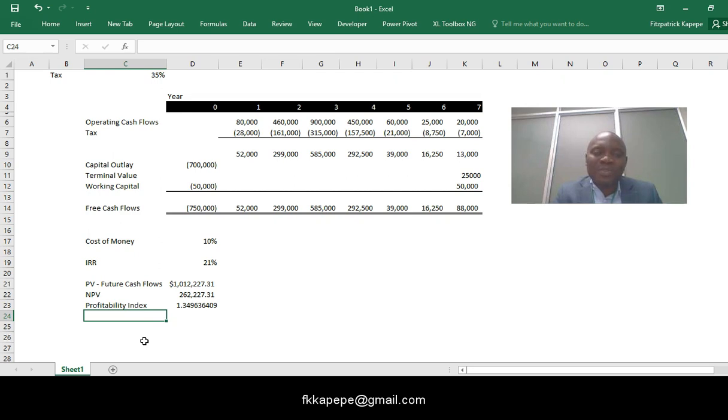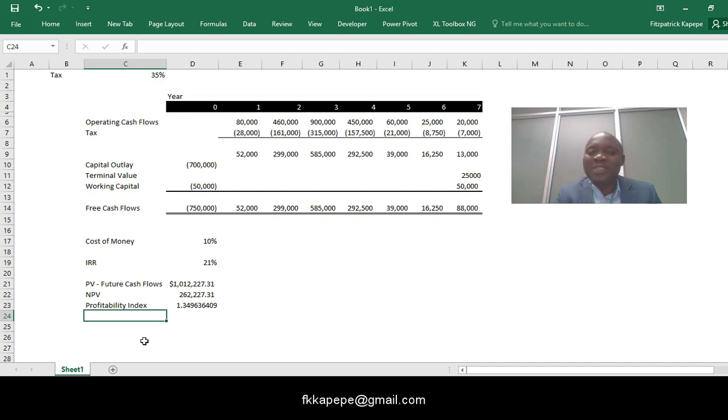If your NPV is positive, meaning that your profitability index is above 1, that's what it means. And if you are trying to compare two projects or 3 using profitability index, you pick the one that has a higher profitability index.